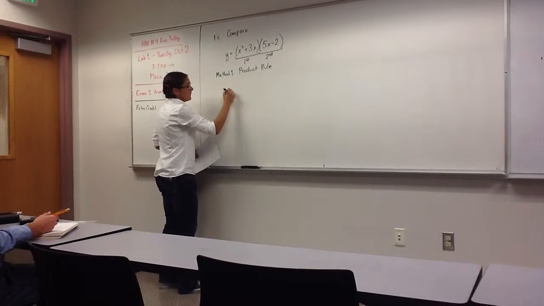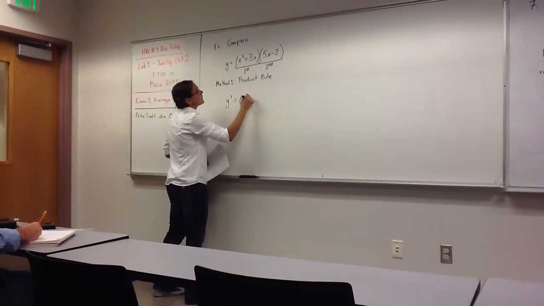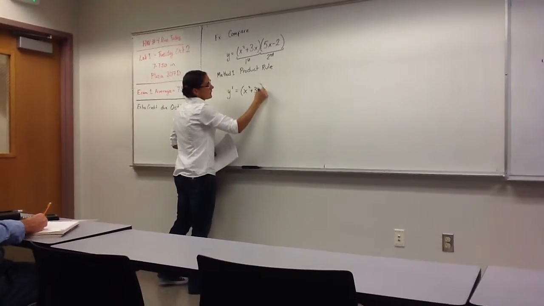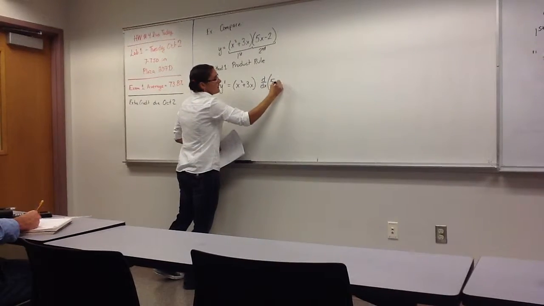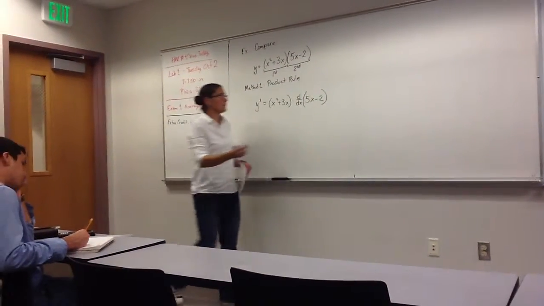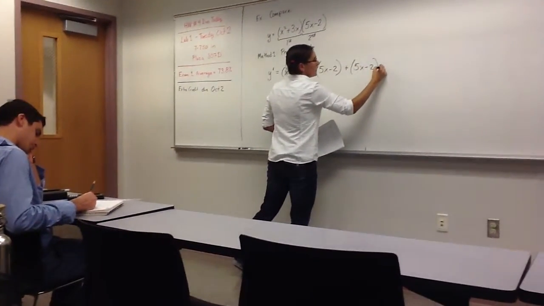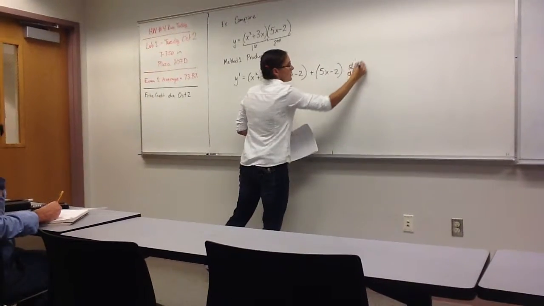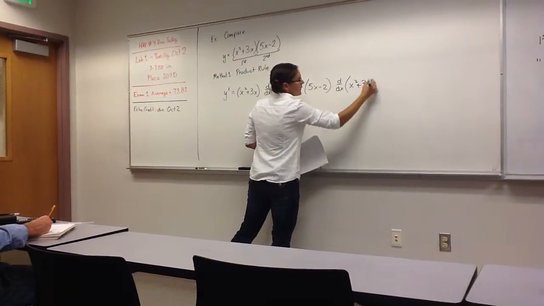So my derivative, y prime, is going to be first, x squared plus 3x, times the derivative, d over dx, of the second, 5x minus 2. First times derivative of the second, plus second, 5x minus 2, times derivative of the first, d over dx of x squared plus 3x.